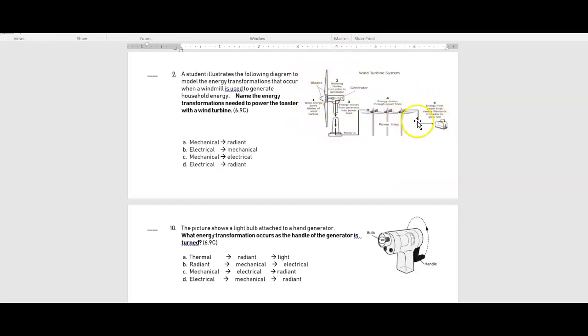What does the toaster need to turn on? Okay, so are we looking at mechanical to radiant, electrical to mechanical, mechanical to electrical, or electrical to radiant? So the turbine to the wires is what we're looking at there.